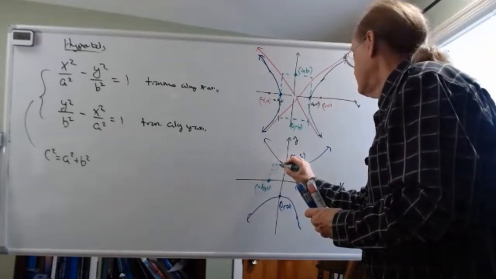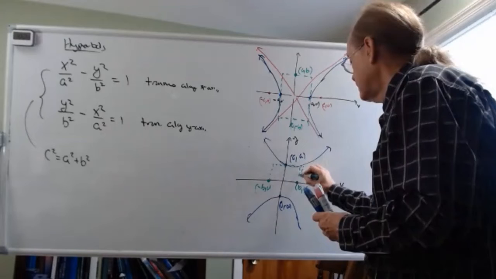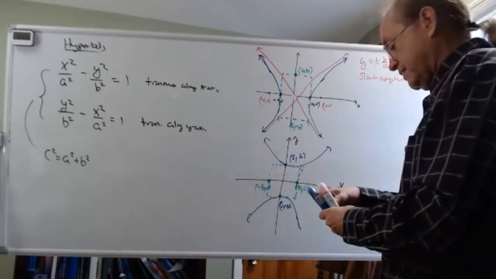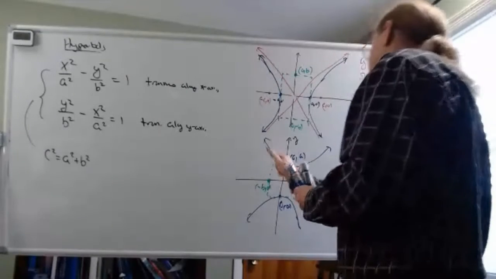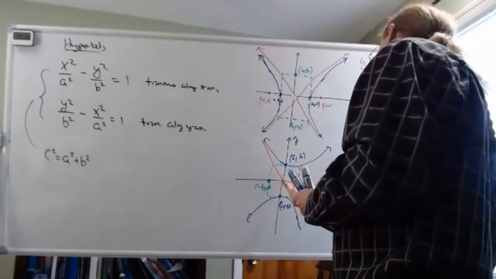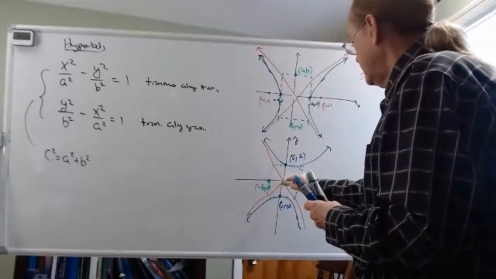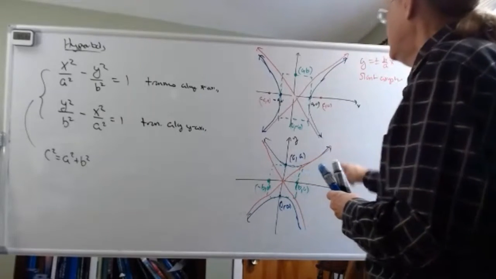If I draw my little rectangular box again, I get the same sort of thing, where I'll try to get it to go through the center this time. It should go through the origin right there. Both of them should go through the origin. If not, then I made some sort of mistake.